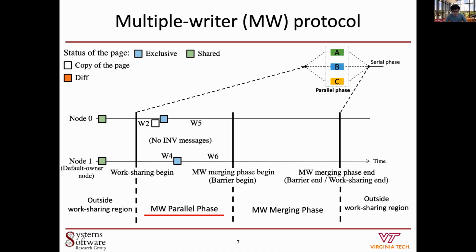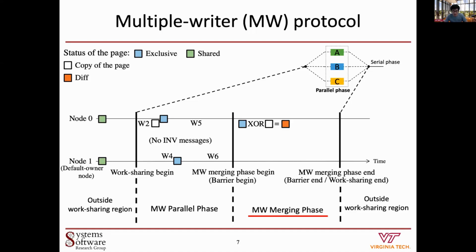Once the execution hits the synchronization point, it enters the MW merging phase. In this example, both nodes write to the same page, so merging is required. Now, the default owner node creates a diff by applying an XOR operation between the original copy and the up-to-date version of the page. Then it transfers the diff to the other node, which merges the diff with its copy of the page.